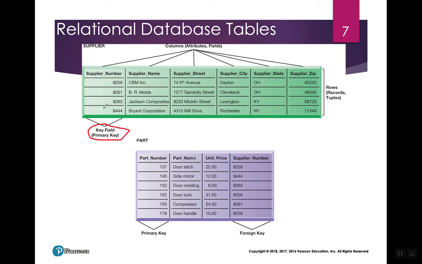All right. And then we have a second table. So this is the part. So the way we describe this relationship is a supplier can supply many parts. All right. And a part has to belong to one supplier.